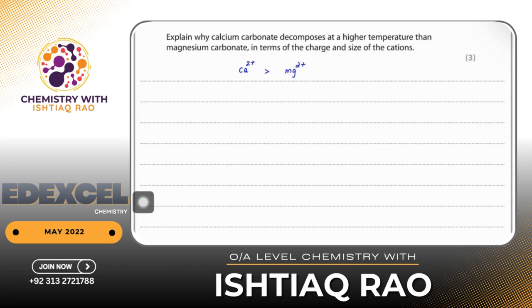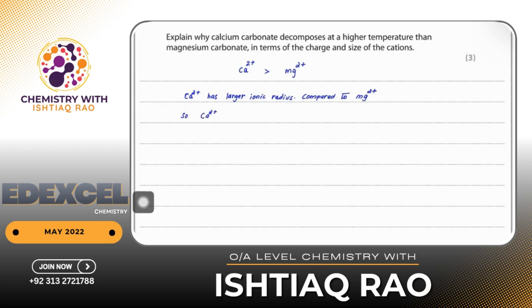So I would say that calcium 2 plus has a larger ionic radius compared to magnesium 2 plus.